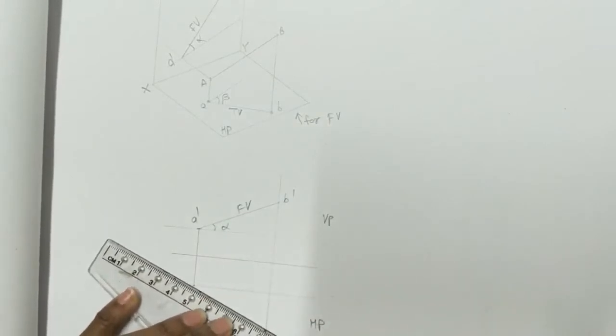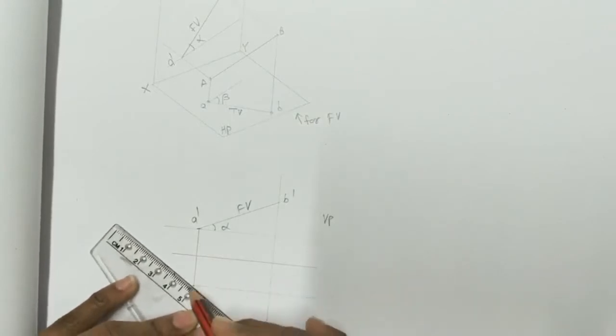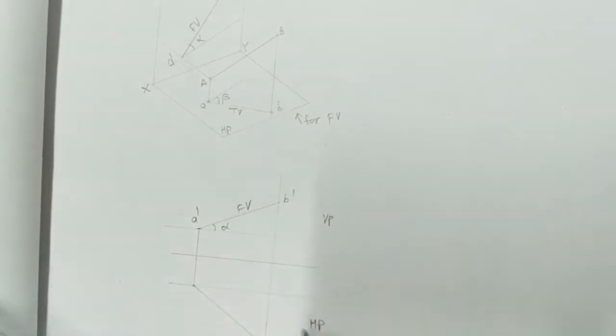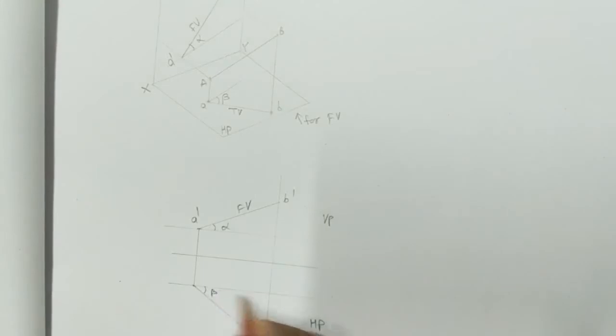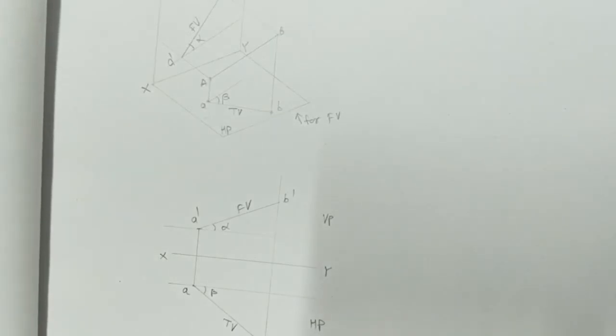Likewise show the top view having angle beta. So this is angle beta and this is the top view with points A and B. And this line XY is the intersection line.